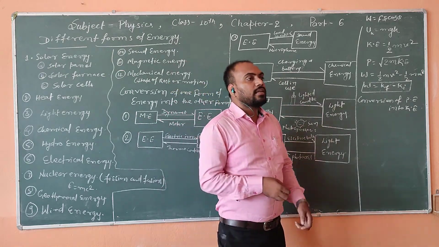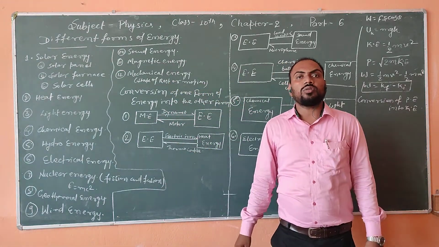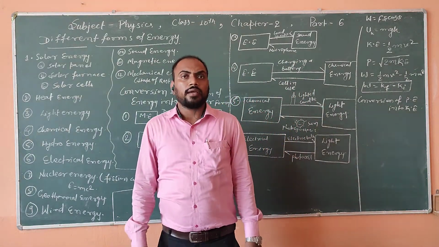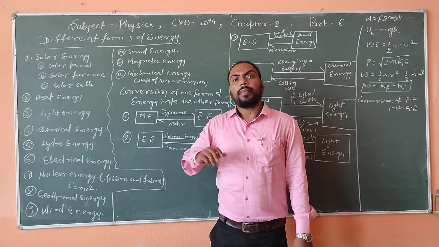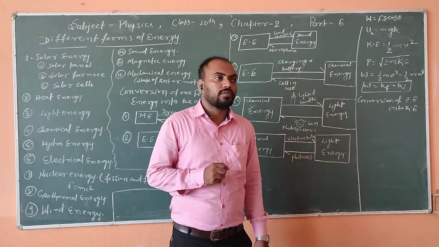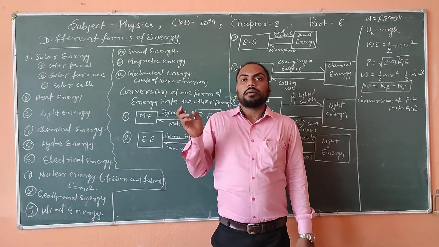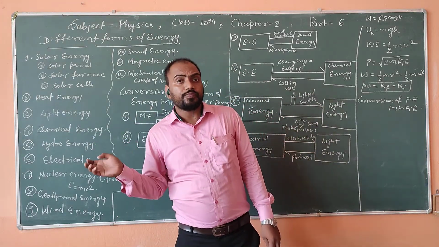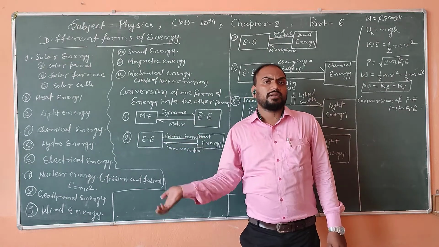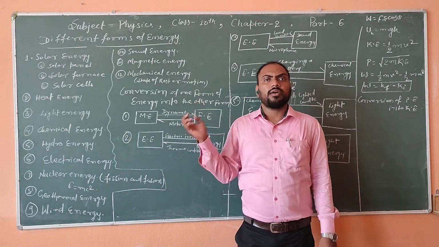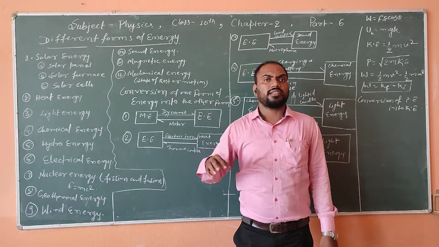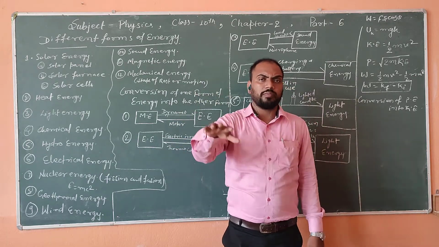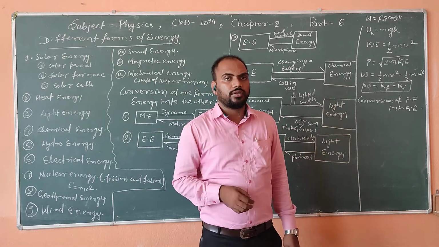If I say convert heat energy into electrical energy, it is very tough work. Heat energy into mechanical energy, it is very tough work. While doing the reverse, from electrical energy into heat energy, from electrical energy into sound energy, from electrical energy into light energy, from electrical energy into mechanical energy is very easy.